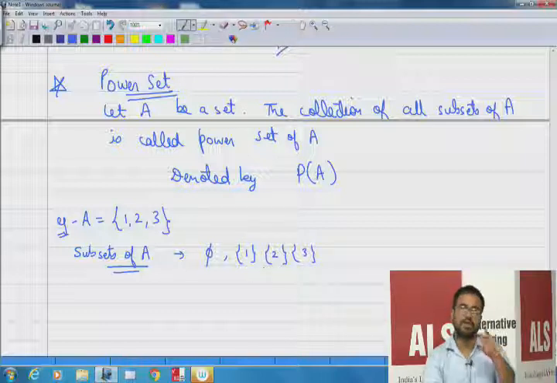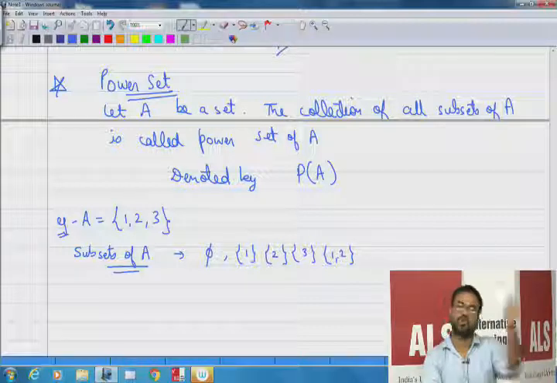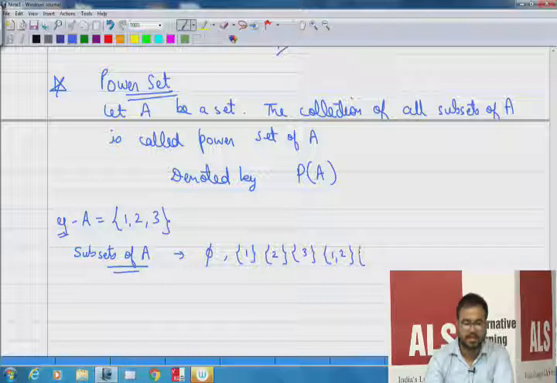We have taken the individual values. Now you can take two values at a time. {1, 2} is also a subset, because every element of {1, 2} is also an element of A. That's why it is a subset. Similarly, you can write {1, 3} and {2, 3}.